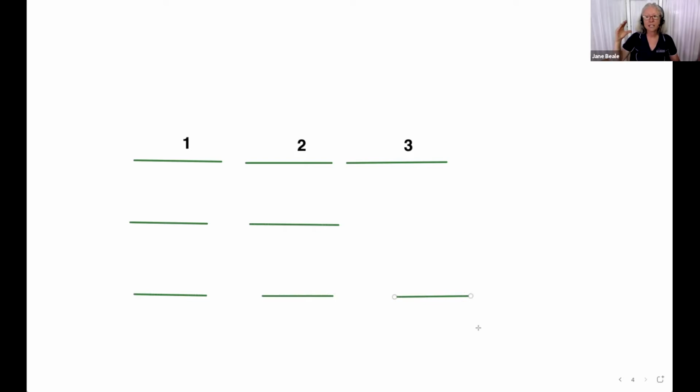Let's do our duck hands all together for fish. Wonder if you got 3 lines. Show me if you put 3 lines or if you put 4 lines. Off you go. Well done.